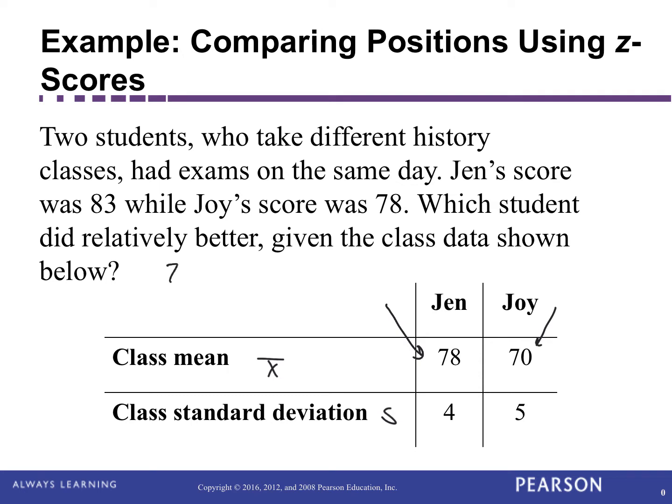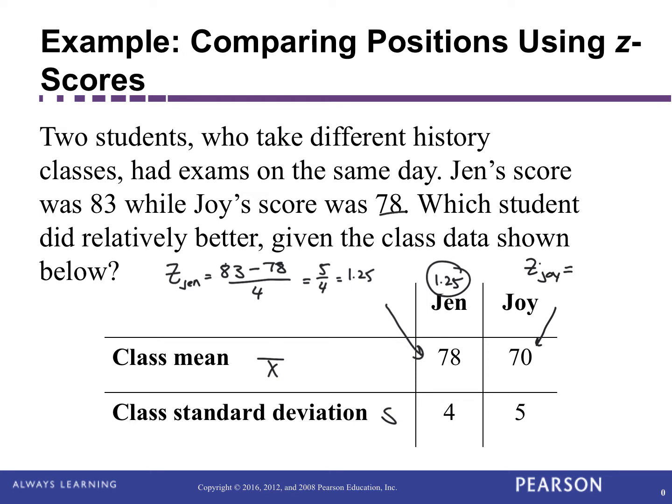The z-score of Jen would be X, so Jen's score was 83, minus the class average of 78, divided by 4. So that will be 5 divided by 4, which is 1.25. So Jen's z-score is 1.25, whereas Joy's z-score, well, how did Joy do on the test?